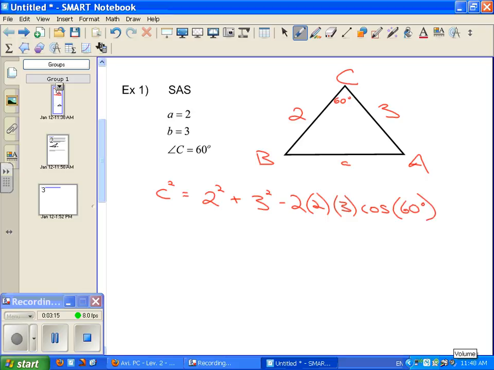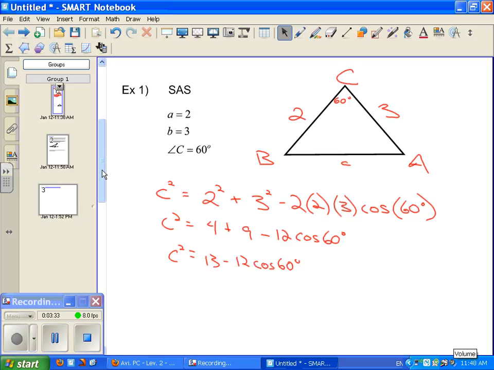So c squared is going to equal 4 plus 9 minus 4 times 3, which is 12, cosine of 60 degrees, whatever that is. So c squared equals 13 minus 12 cosine of 60 degrees.